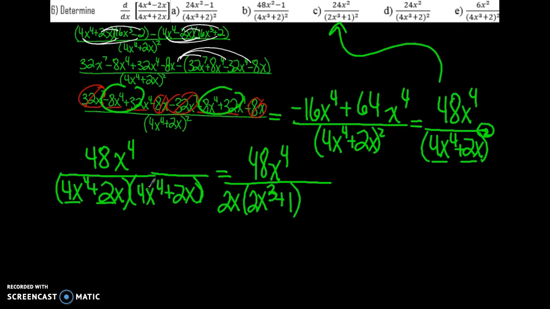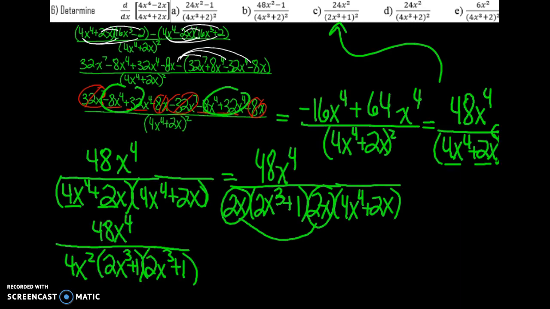And the exact same thing for the second quantity. Factor out that 2x. Remember, it's being multiplied, so maintain that multiplication property as you factor these guys out. Now you can multiply these two guys. Remember, multiplication is commutative. And then you'll end up with 4x squared. You'll end up with this.